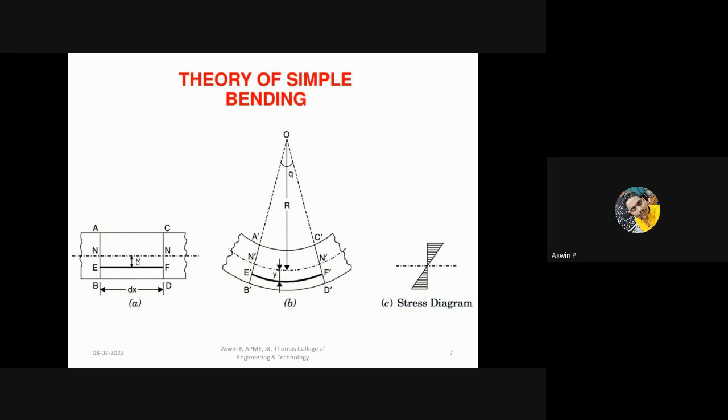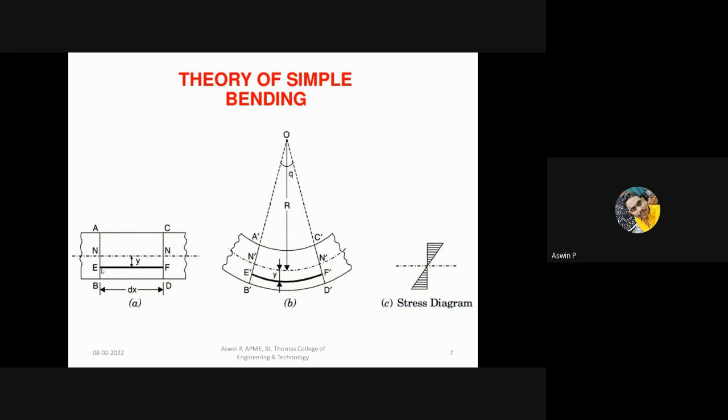And when you are taking a bending moment, you can see that we need to take a material and we need to take two sections, that is AB and CD, and the neutral axis is denoted by NN, and you need to consider a small distance y from the neutral axis as GH. That's an element.